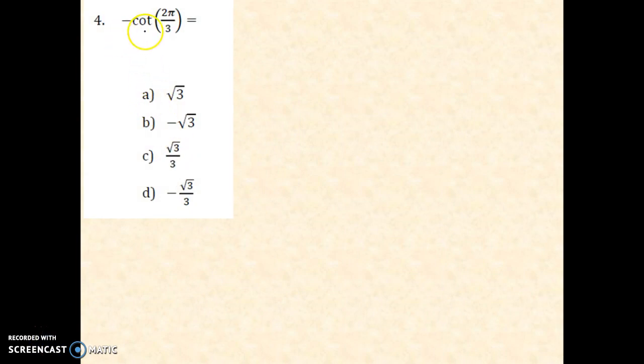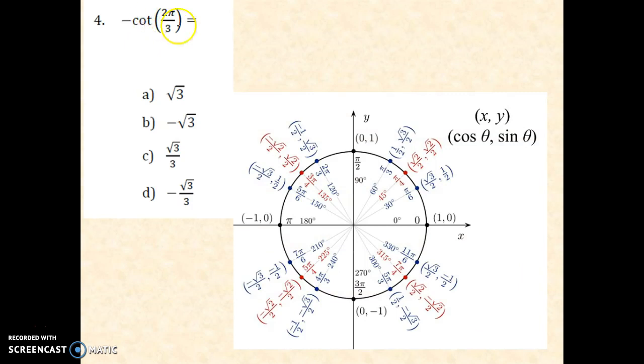Ooh, negative cotangent of 2 pi over 3. Let's see, negative cotangent. Well, cotangent is the reciprocal of tangent, and tangent is sine over cosine.